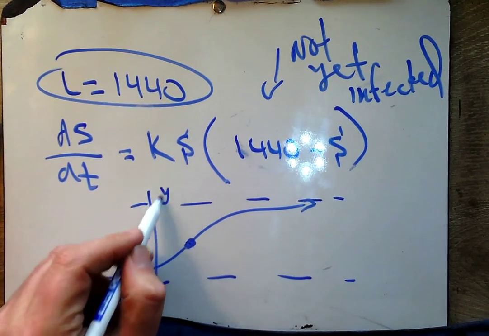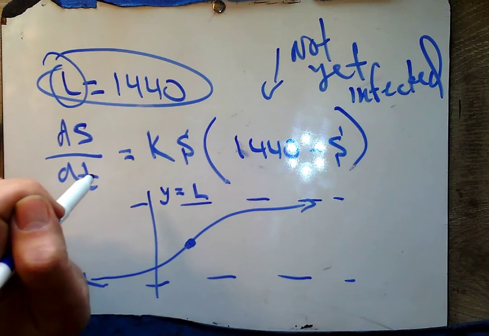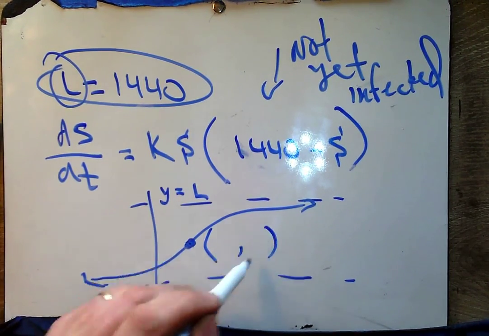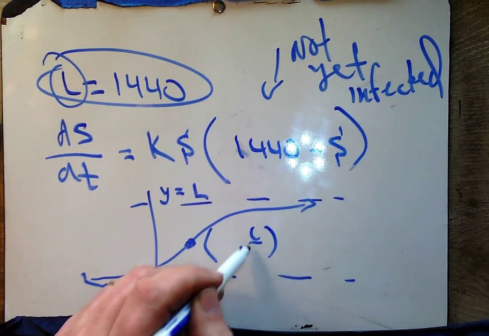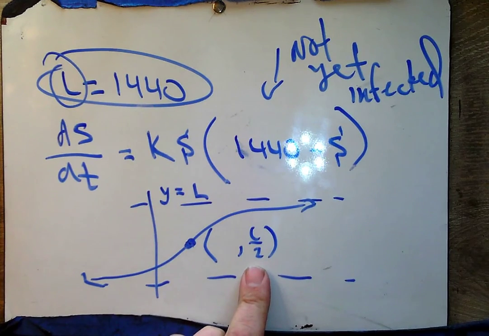But in August, we said that this is our carrying capacity. This is our L value. And in August, we said that the Y value of this number was L over 2. And I kind of want to say, I think you should actually prove this.